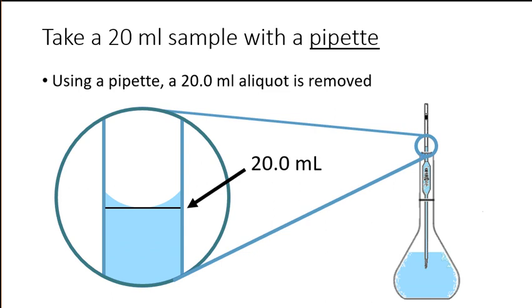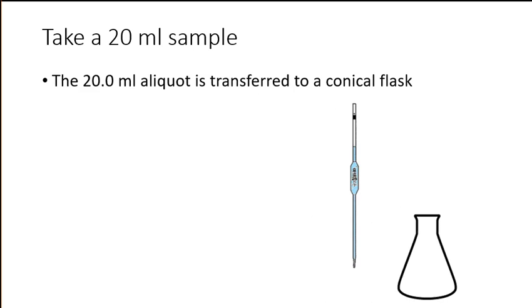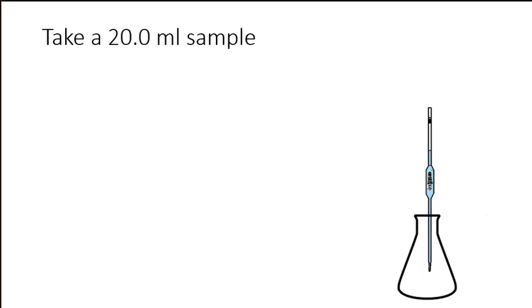So the volume is to be considered to be 20.0 ml. And then you'll transfer that 20 ml sample or aliquot to a conical flask.